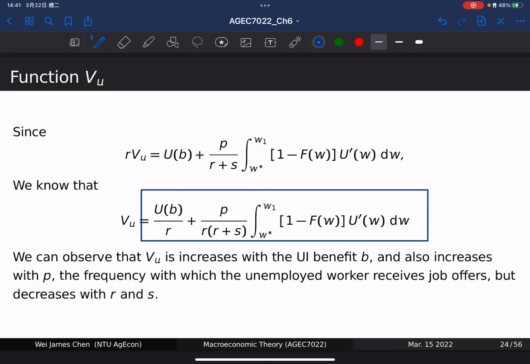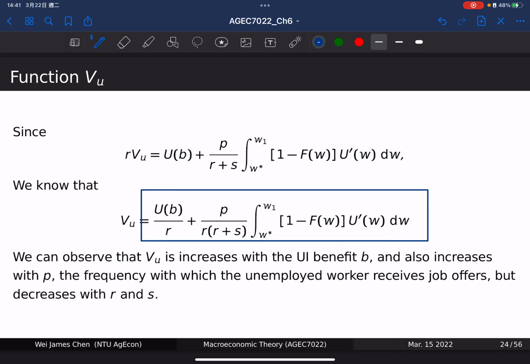It only has B in it sort of through the VU. But remember, after we set the W star to be a fixed number, we calculate the W star, the VU becomes a constant. So that means VE of W doesn't change, or U doesn't change with this B.